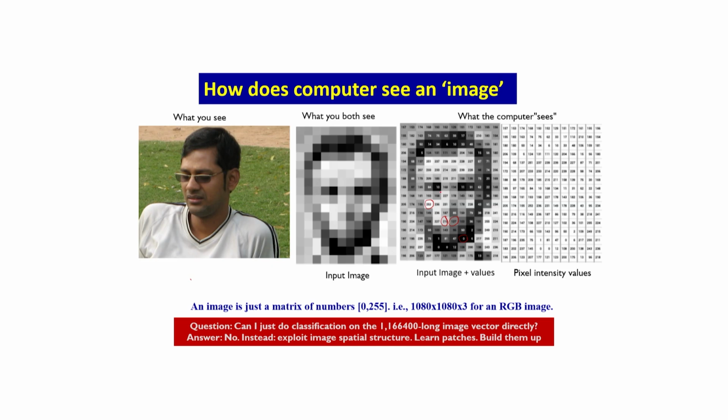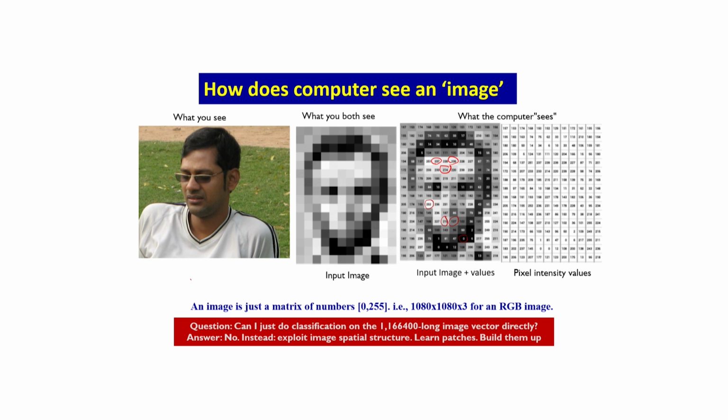So, these numbers you see here are very close to 0, maybe 10 or 7 like that, and these numbers which are high, 200 something, 237, 238, 214 here, are very close to 255, they are white. So, an image is just a matrix of numbers.